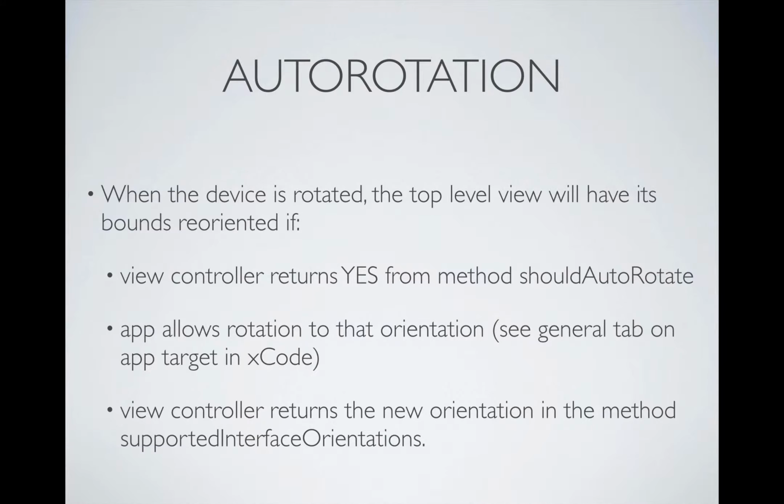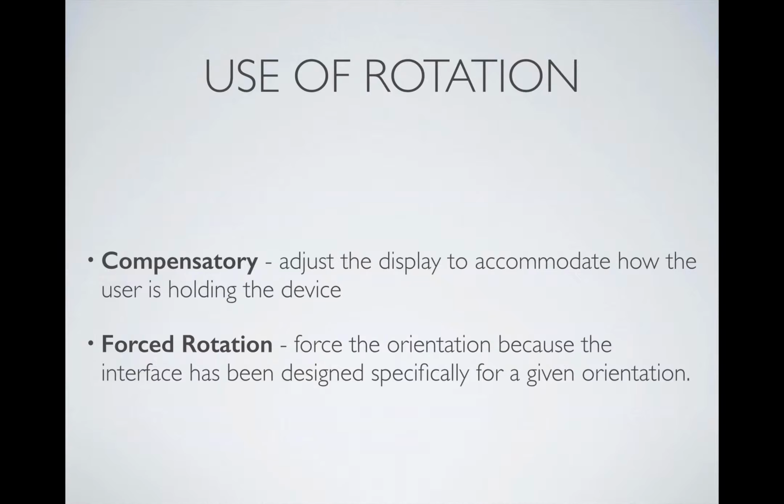So at your application level, you'll specify which of the 4 orientations that app supports. And you always need to make sure that your supported interface orientations method returns a subset of those. If it does not, then your application will actually crash.